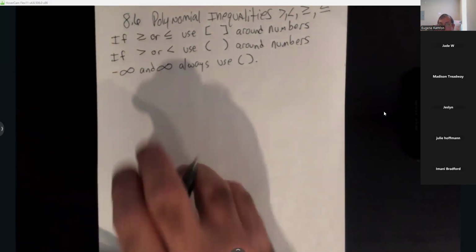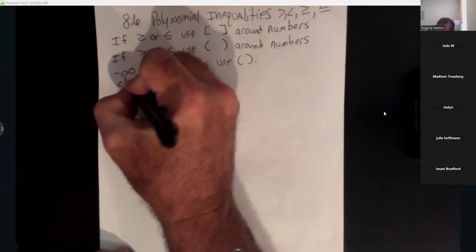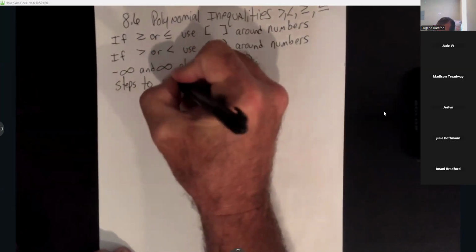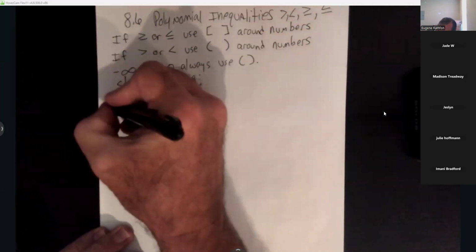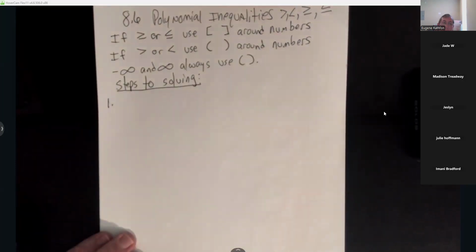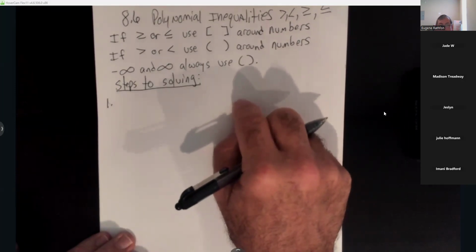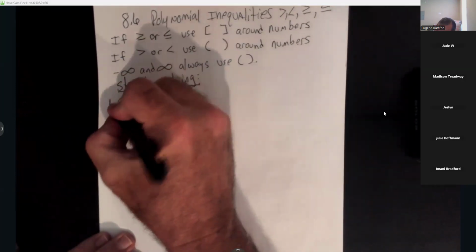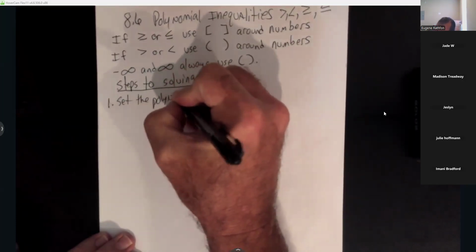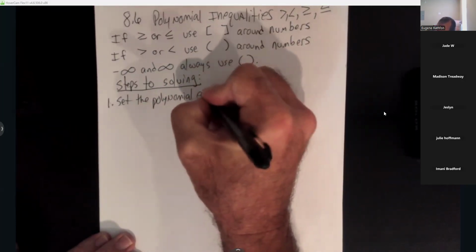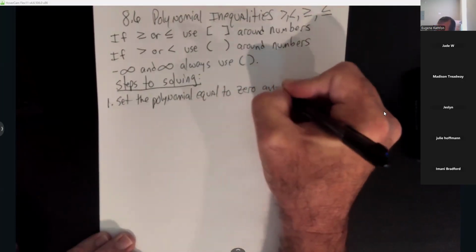So let me write the steps I use when I'm solving these. All right, first thing, you're going to have a polynomial. We're going to set the polynomial equal to 0 and solve.